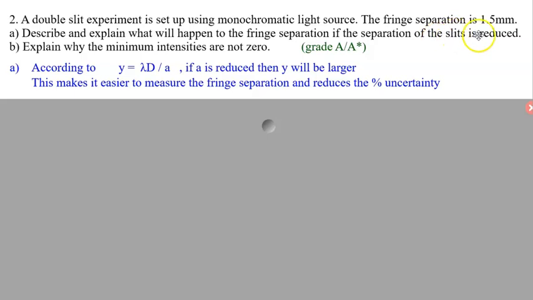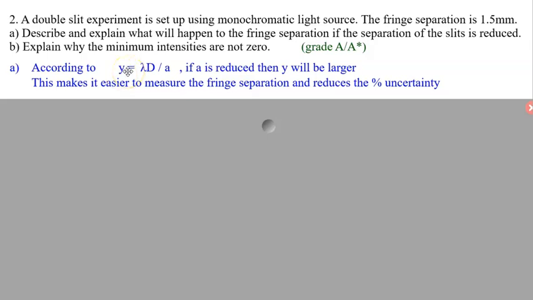If we decrease the slit separation, where a is the slit separation, if you make that smaller, then in order for this to still balance, y will be larger. If you divide by a smaller number on the bottom of the fraction, then we get a larger value on the left-hand side.